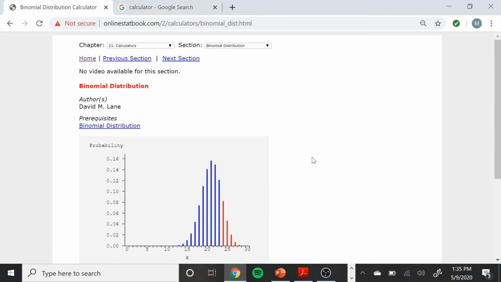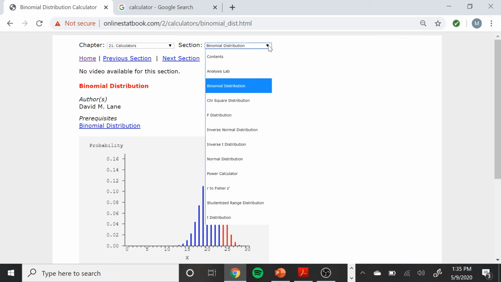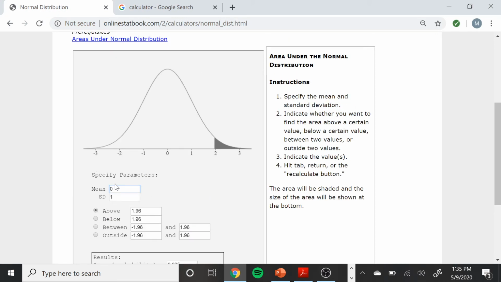Now let's go back over here to the normal distribution. In the population, the mean is 0.7, or 70%, and we just found out what the standard error is. So I'm going to hold the Control key down and hit V to paste that number in there. What we want is the probability of getting 0.8, 80% or more.